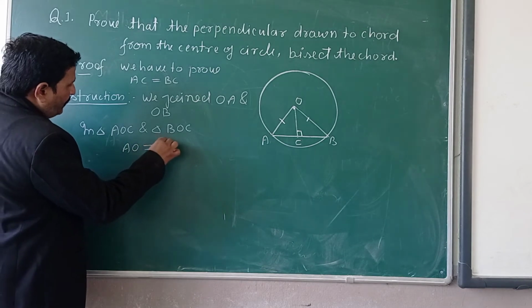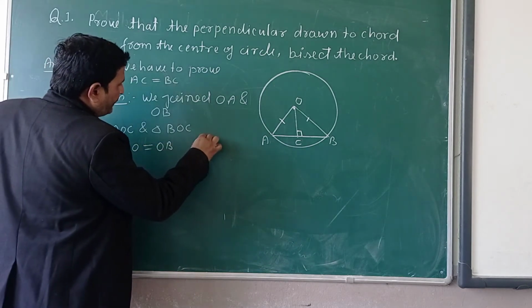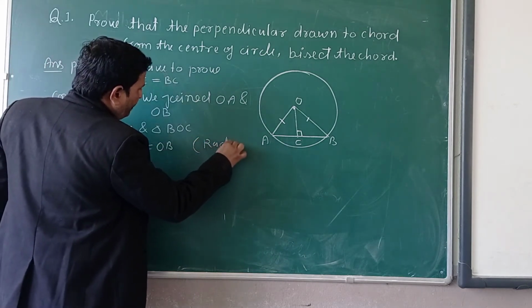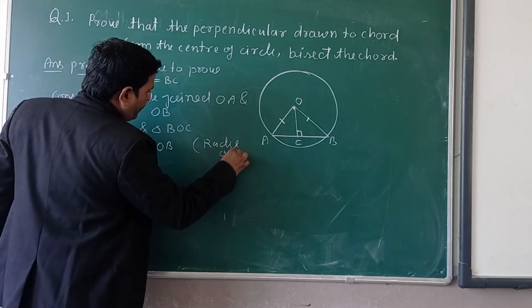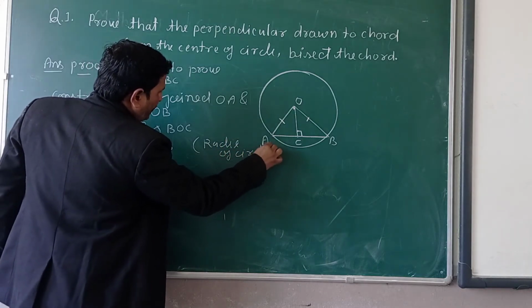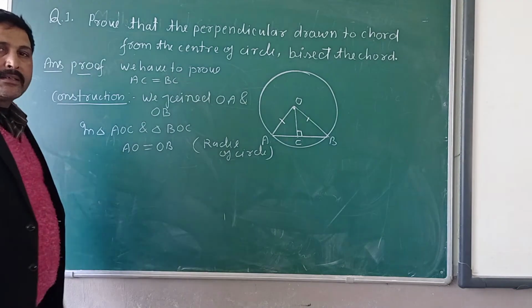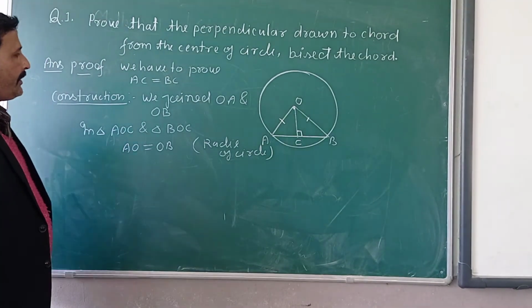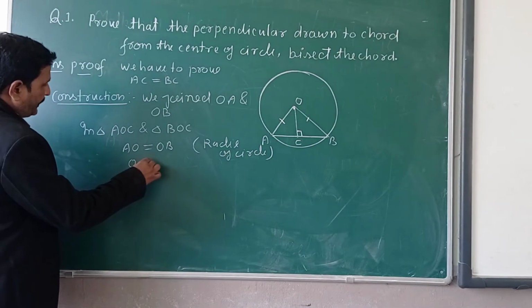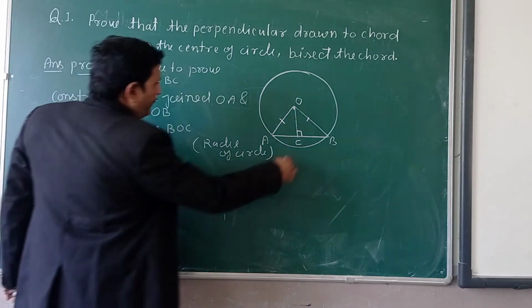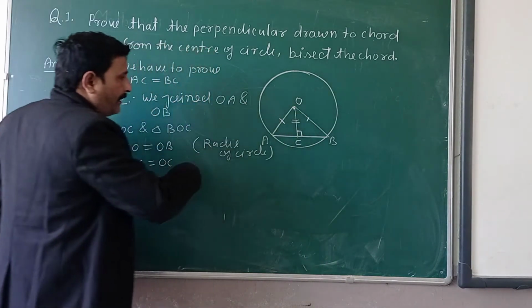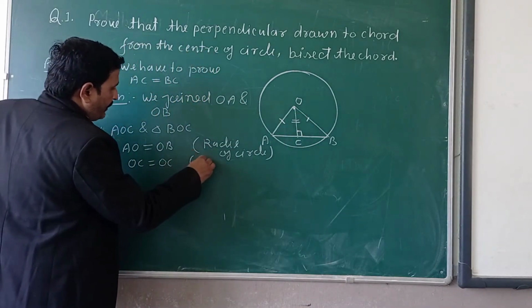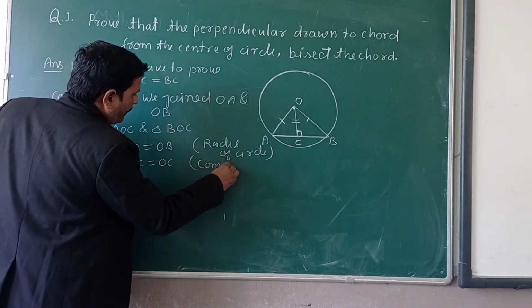AO is equal to OB, that is the radii of the circle, and you know that the radii of the circle are equal. And OC is equal to OC. See, this side is common in both triangles. Common.